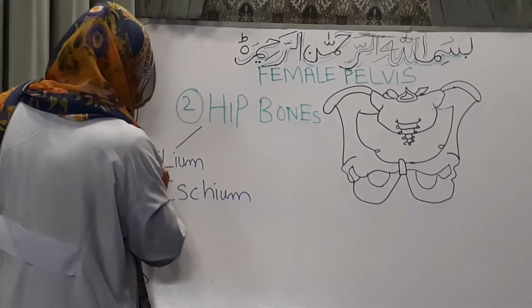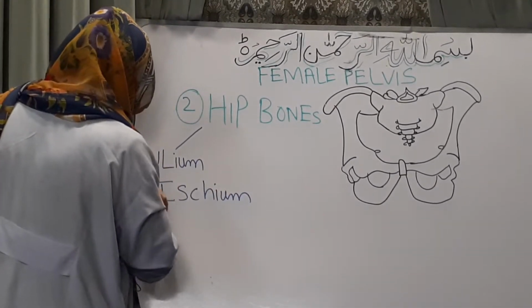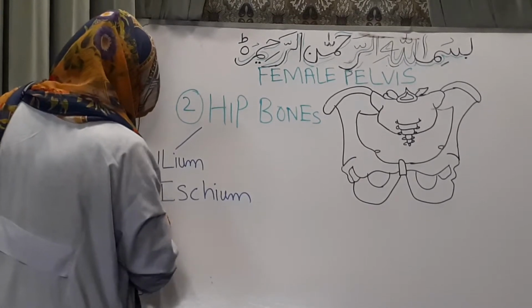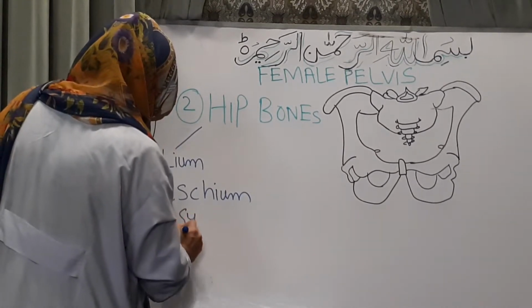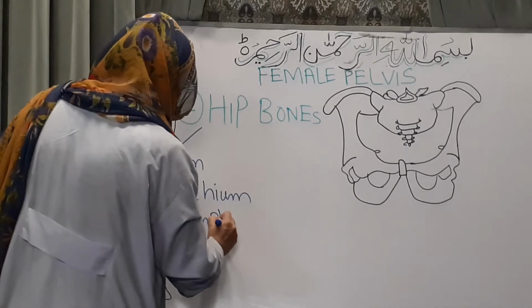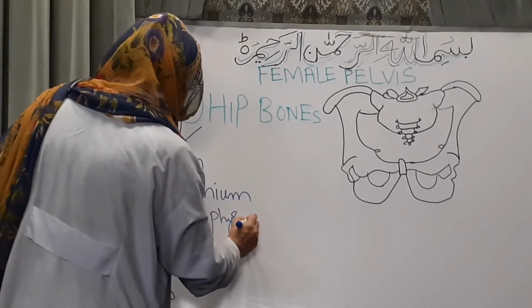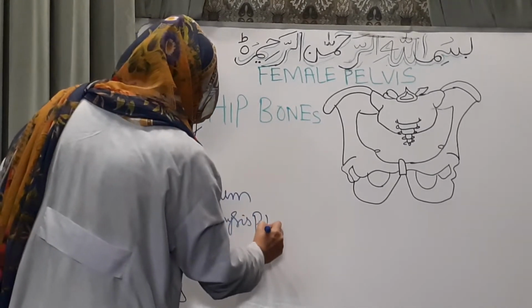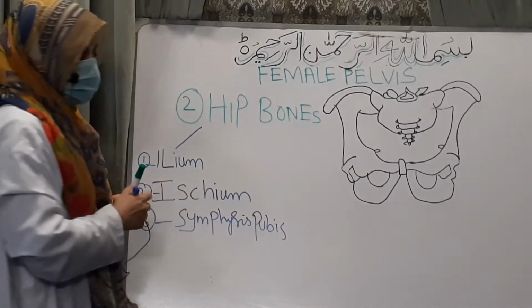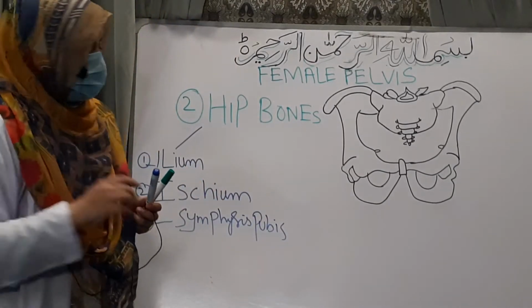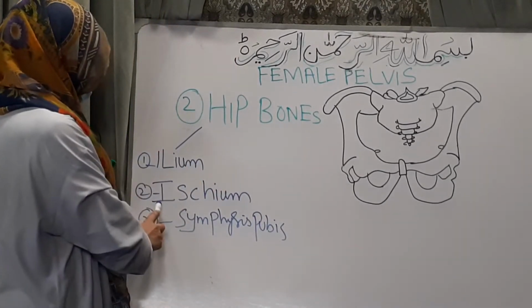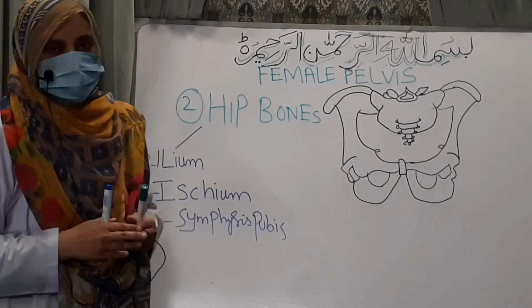The third is symphysis pubis. The hip bone consists of three bony parts: ilium, ischium and symphysis pubis.